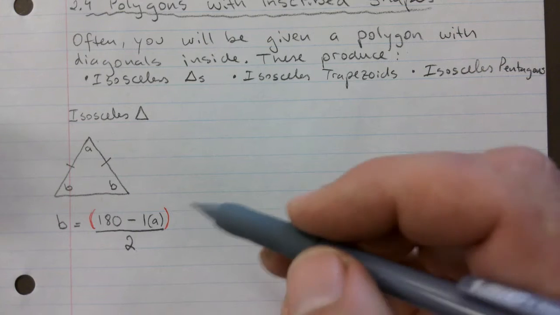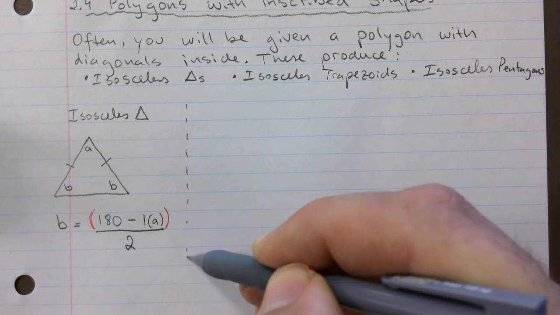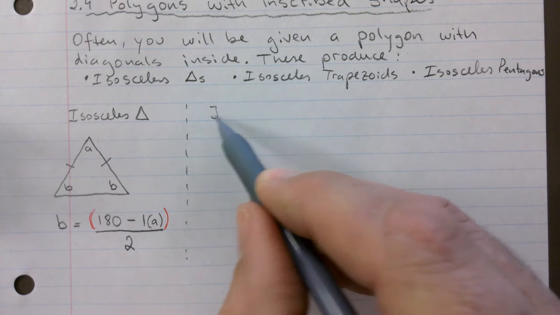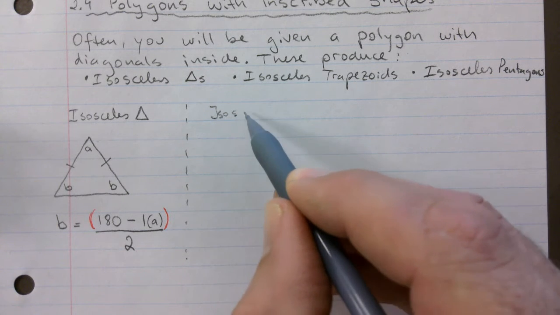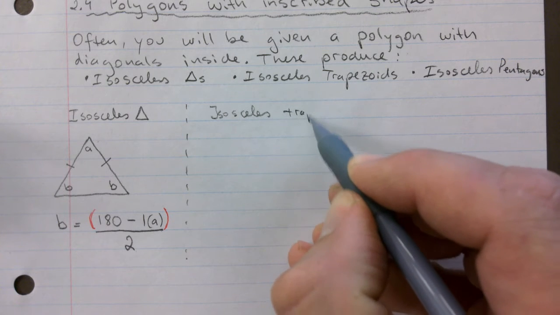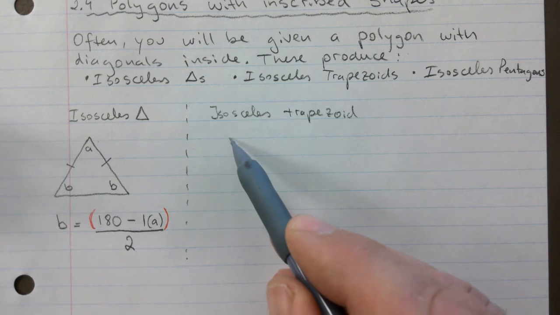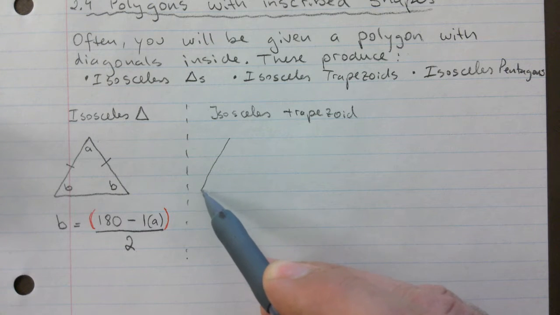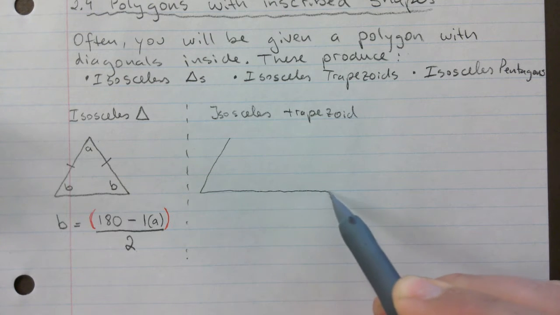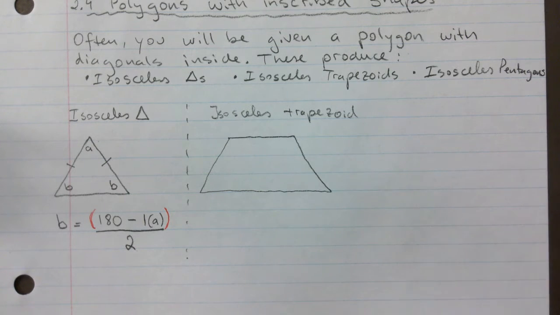Then we have the isosceles trapezoid. It looks like this, like a cut-off triangle, a triangle where you truncate the top.